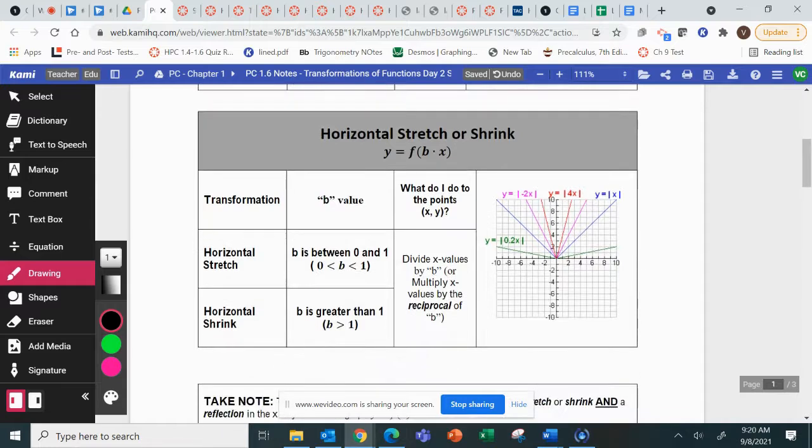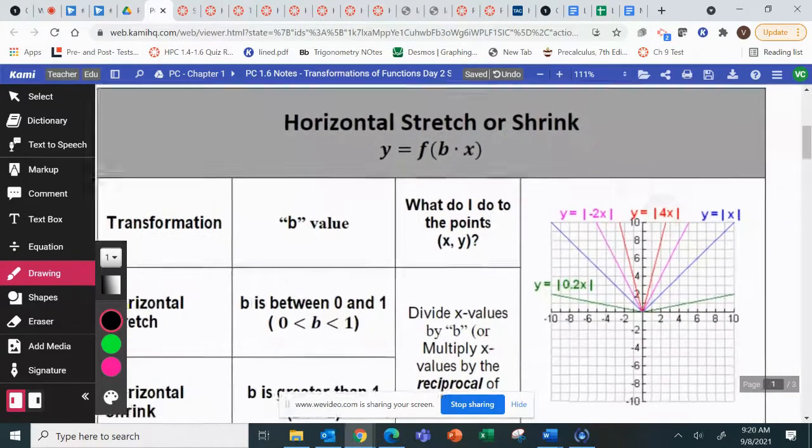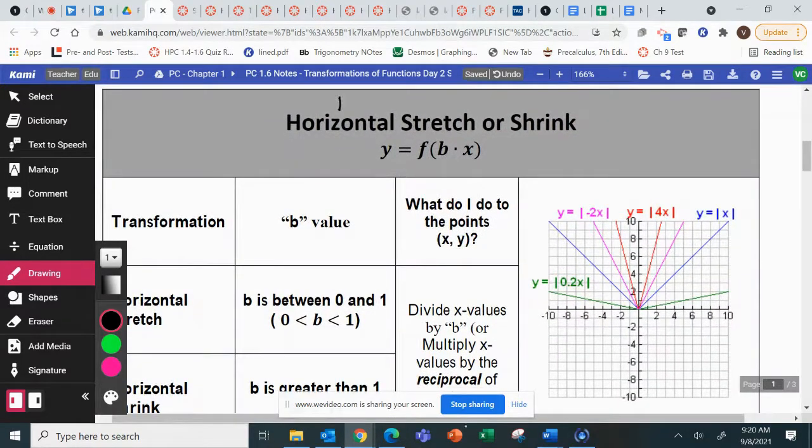Now, horizontal stretch or shrink: anything horizontal is on the inside, and anything horizontal is the opposite operation. So before I explain this, if I have y equals absolute value of 2x, where I've got 2 on the inside, that's going to be horizontal.